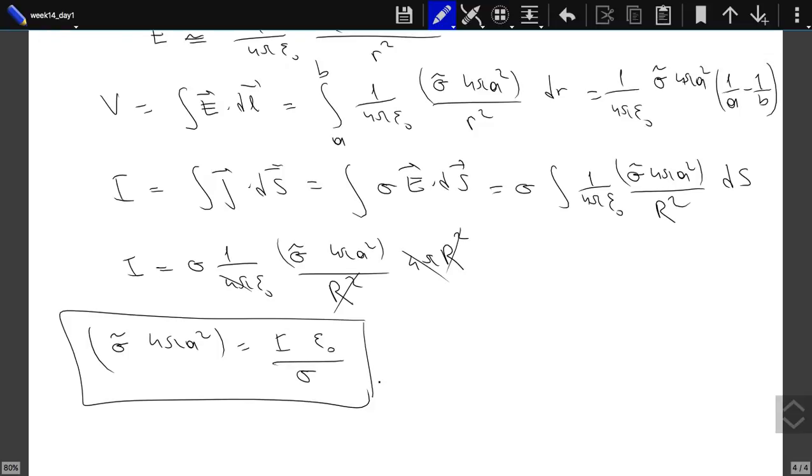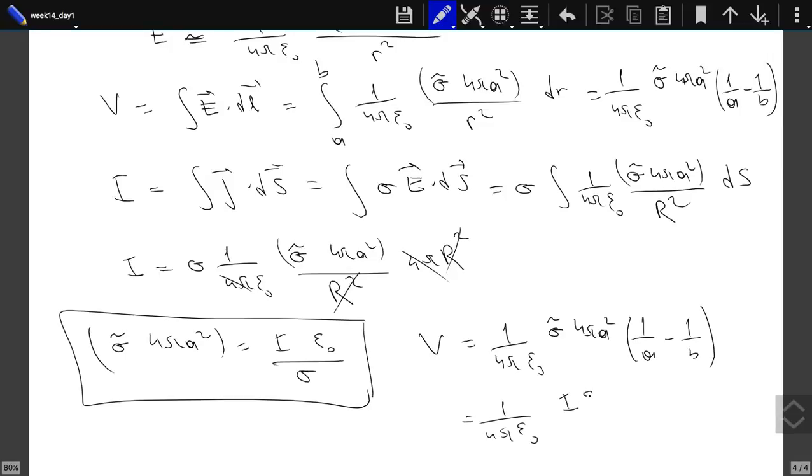I know the expression of V, we had already evaluated it. V is equal to 1 over 4 pi epsilon 0, sigma tilde 4 pi a squared times 1 over a minus 1 over b. This is the expression we evaluated on that first line. Well, this 4 pi a squared sigma tilde, we had evaluated that one also. This is equal to 1 over 4 pi epsilon 0, I times epsilon 0 over sigma times 1 over a minus 1 over b.